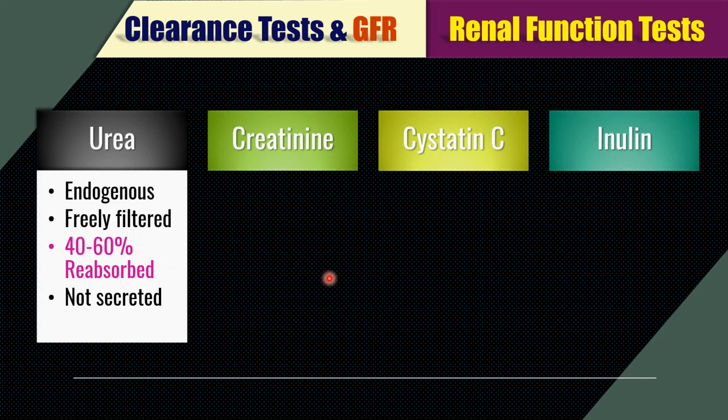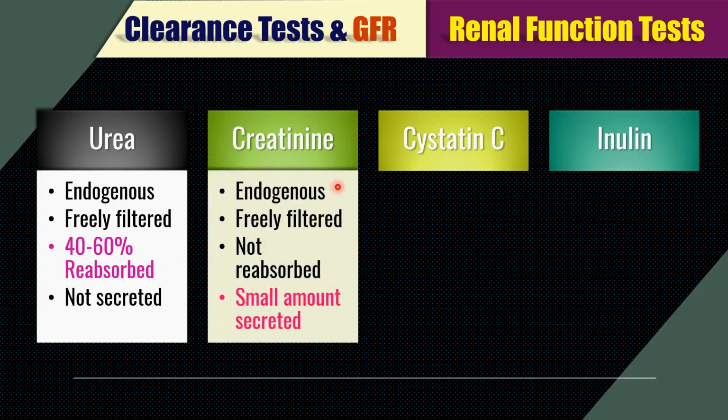Coming to the creatinine clearance test, of course it is endogenously synthesized, being a product of muscle metabolism, and of course it is freely filtered by the glomerulus and not reabsorbed. These three conditions are satisfied, but a small amount of creatinine is secreted by the tubular cells, which will definitely give more GFR than the normal GFR.